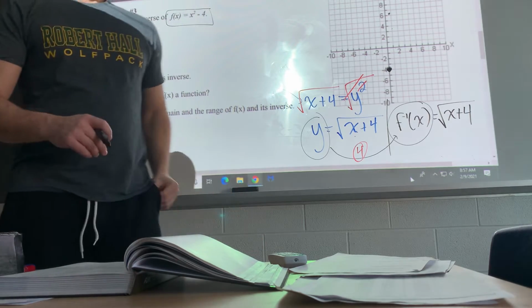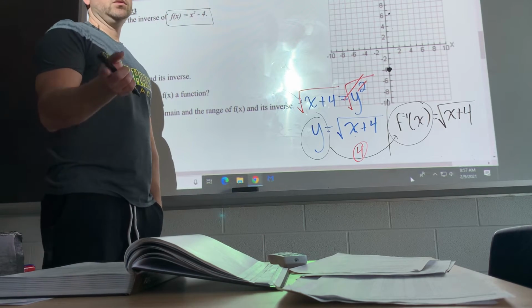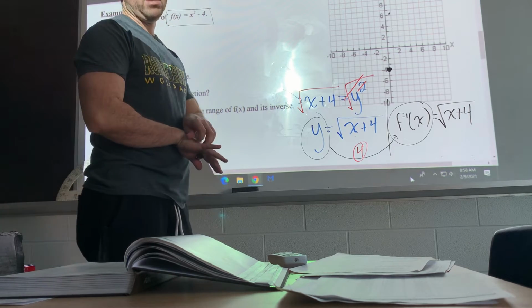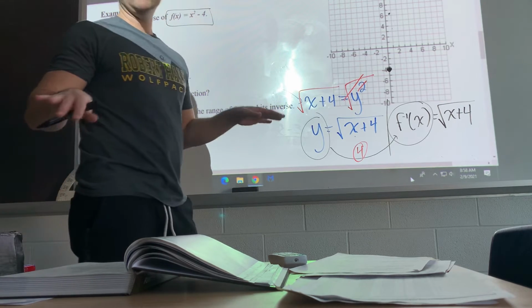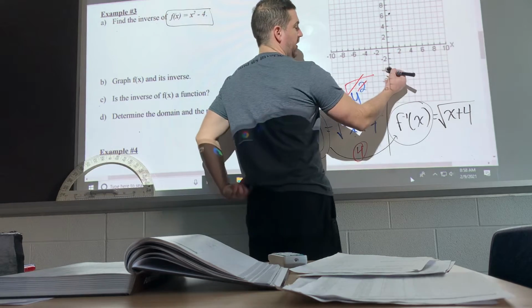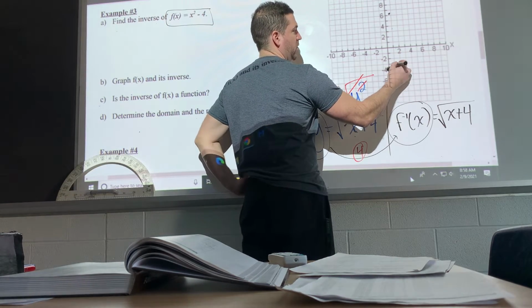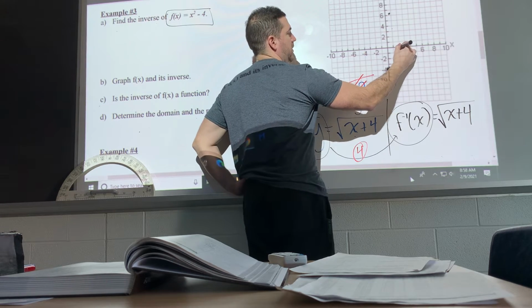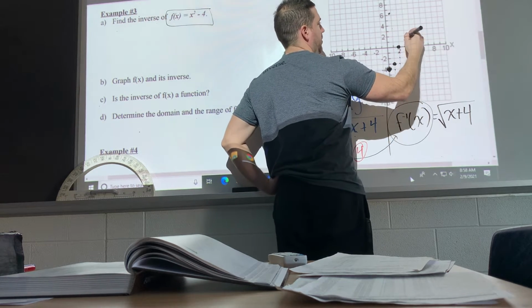I'm not sure if I did it in this class or the previous one, but I know it's in the video. The quick way to graph a quadratic that does not have a stretch or compress: you go 1 to the right, 1 up, 1 to the right, 3 up, 1 to the right, 5 up.